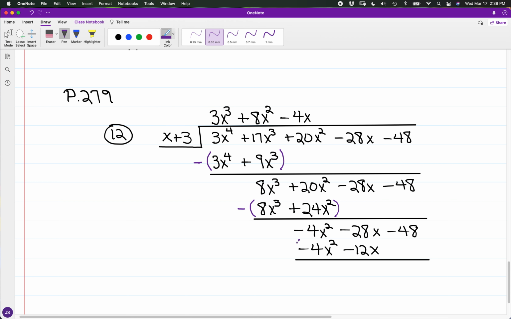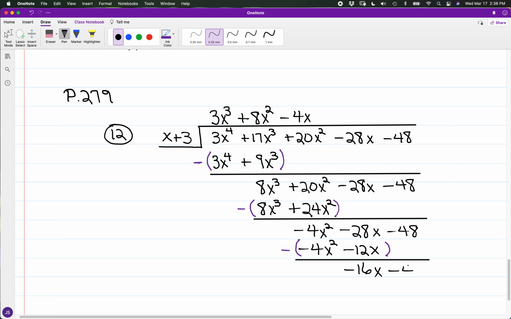Looking at subtracting, we have negative 4x squared, which becomes plus 4x squared, so those will go out. Then we have negative 28x and plus 12x, so we have a negative 16x.